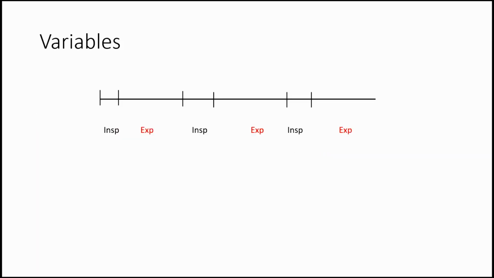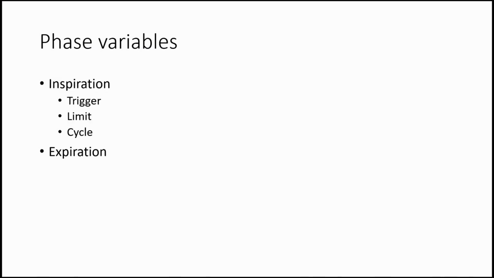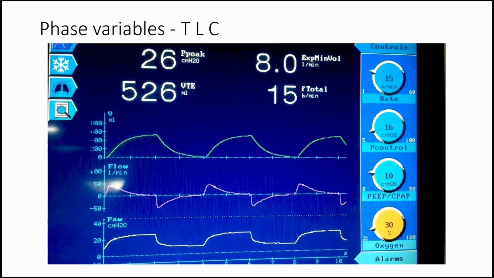If you look at the variables in a breath, you have the inspiration and expiration. Each phase of ventilation has, in inspiration, a trigger, limit, and cycle, as would have been discussed previously. And problems can occur during the trigger, the limit, or the cycling period, or in the expiratory phase.